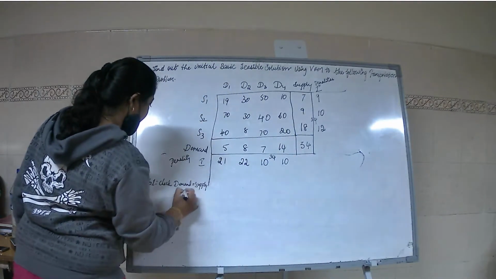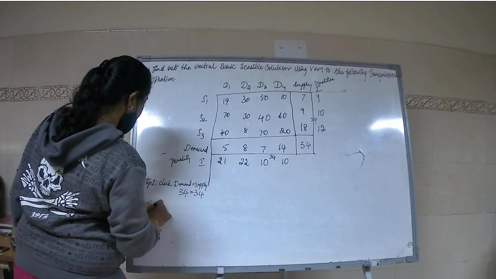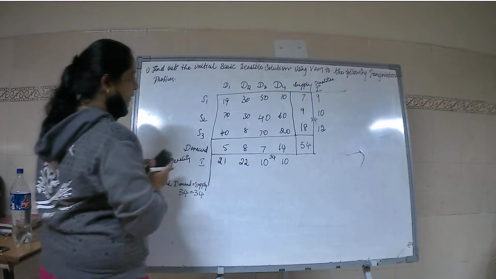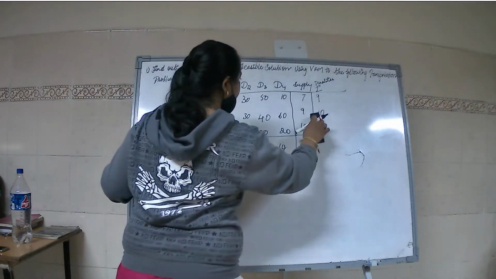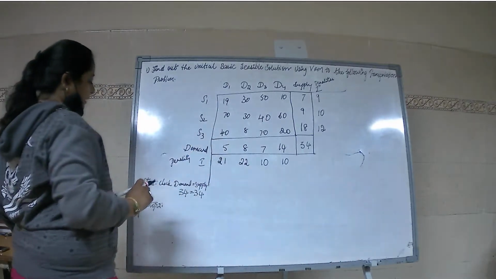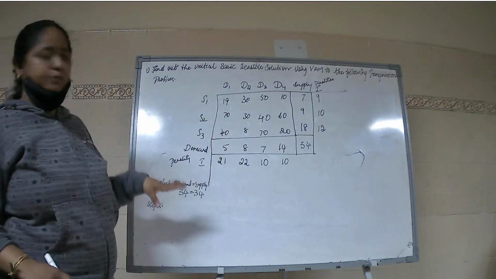Because both are equal, I will move forward with step 2 using the VAM method. So here we got both demand and supply equal, and this is how you proceed with step 2, the whole process.